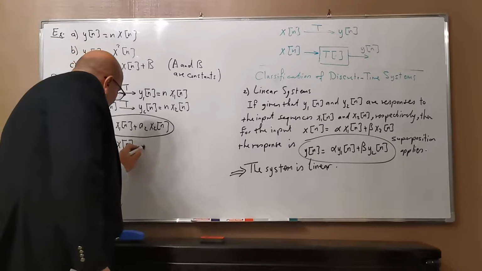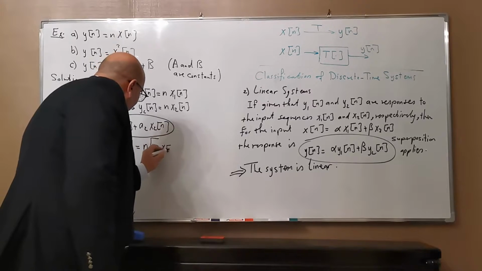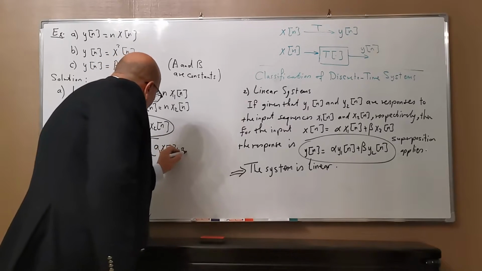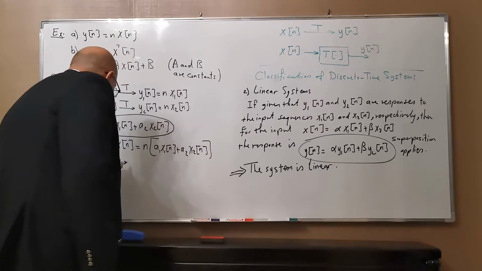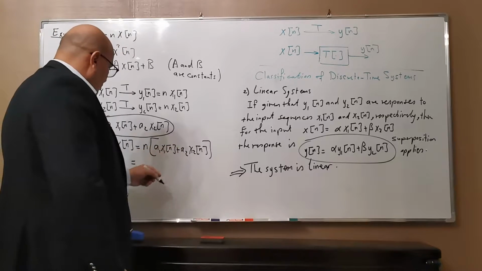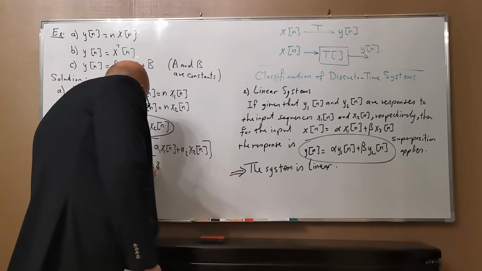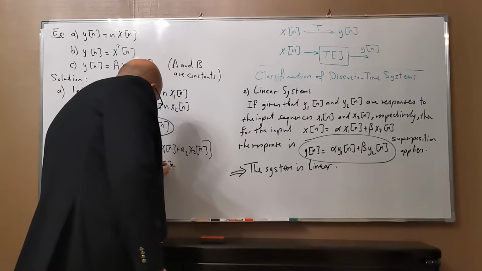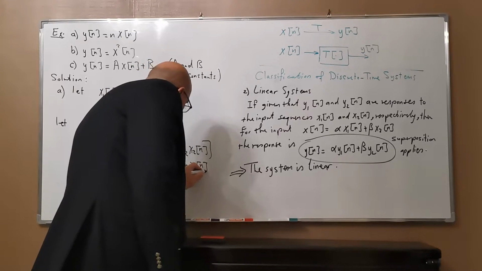So this is n times a1 x1 of n plus a2 x2 of n. Spread n over those two, so you have a1 n x1 of n plus a2 n x2 of n.